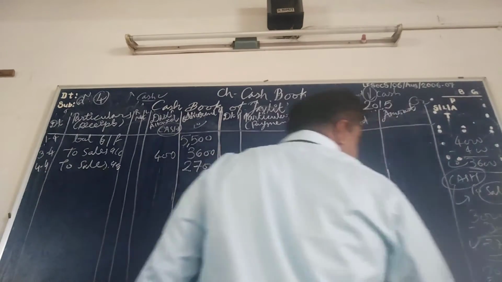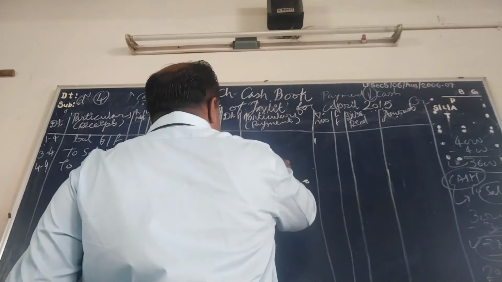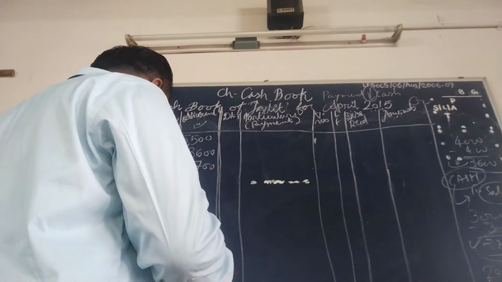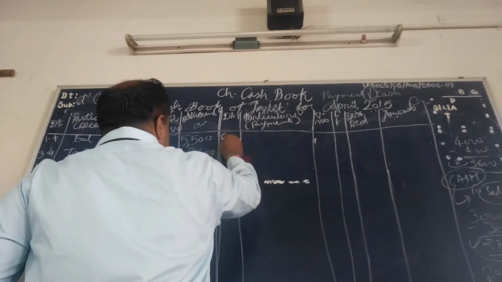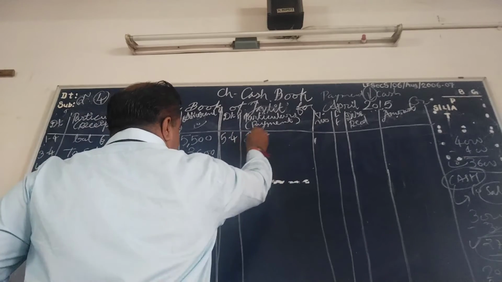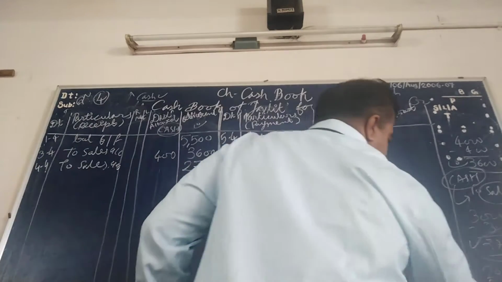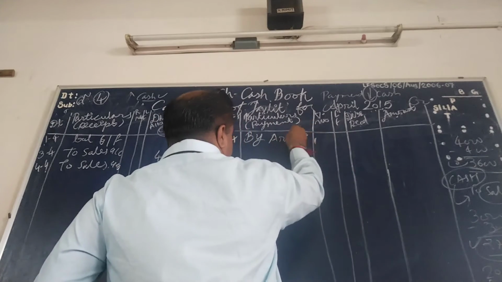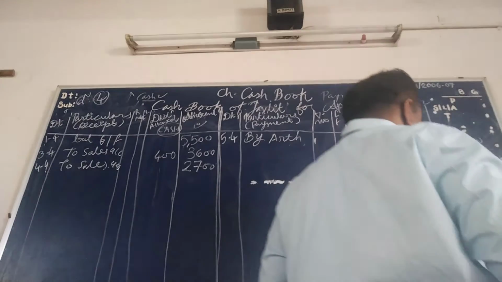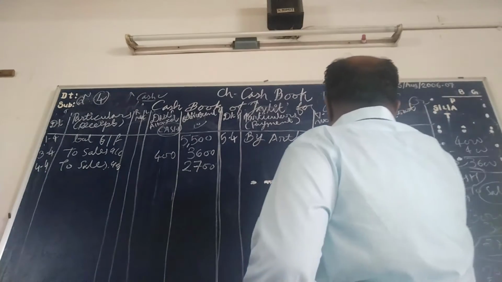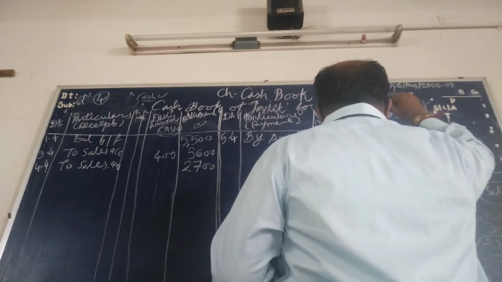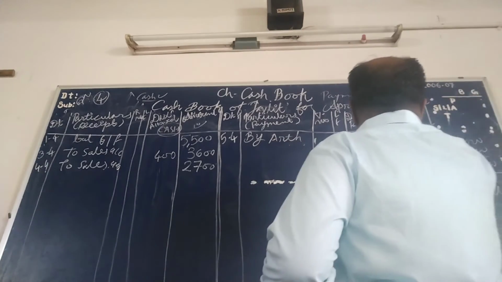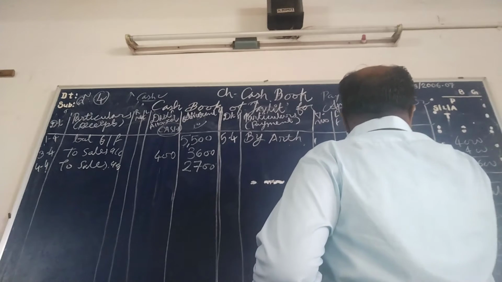So 2,000 we write here on the payment side, on which date it is recorded, 5th of April. So 5th April, to whom we paid? We paid to Earth. So by Earth we receive the discount 30 rupees. So in the discount column we write 30 rupees, and we paid 2,000. So here 2,000.